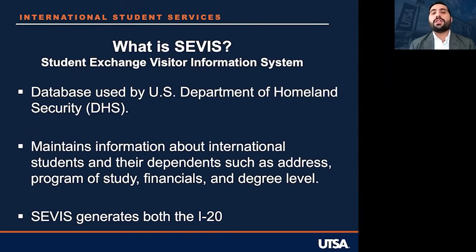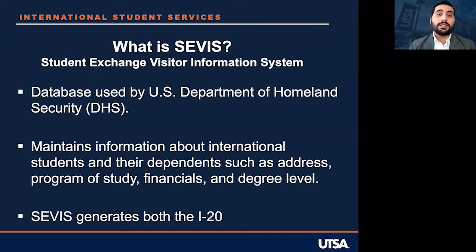So before we define what our office does, I think it's very important to define first what is SEVIS, because you're going to hear this word a lot in the future in case you come to UTSA. SEVIS is the Student and Exchange Visitor Information System.